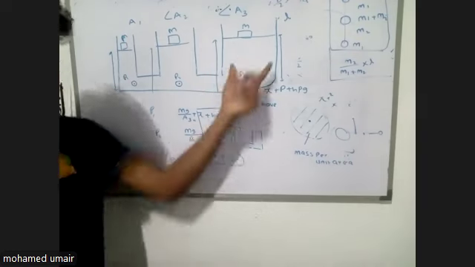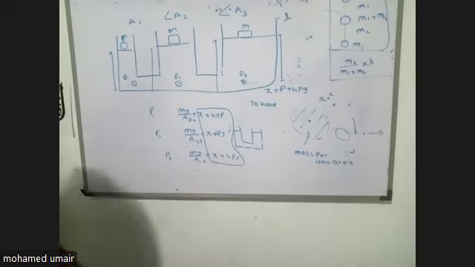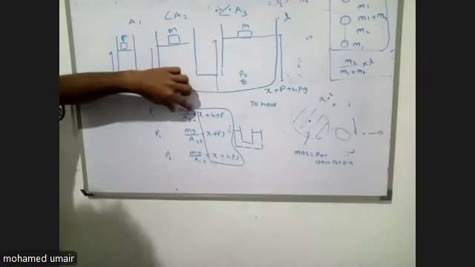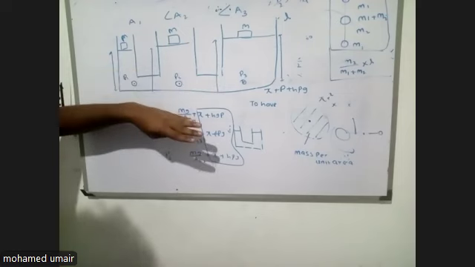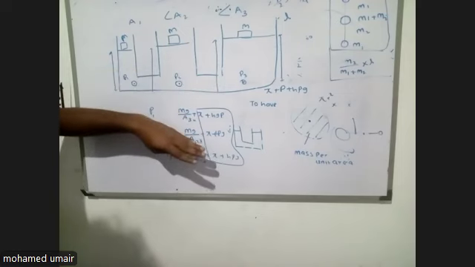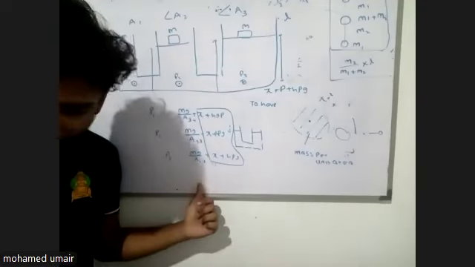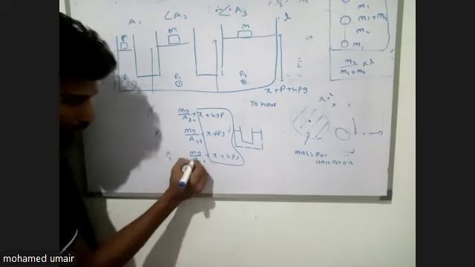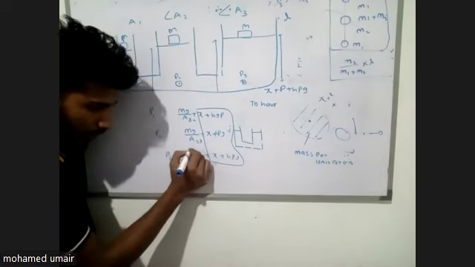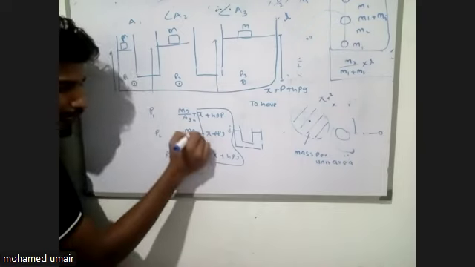When the area is larger, the value here is really smaller. mg over 4 is smaller than mg over 3, and mg over 3 is smaller than mg over 2. The basic theory is when the area reduces, pressure starts to increase. So the part which is present here is greater than the part at here.